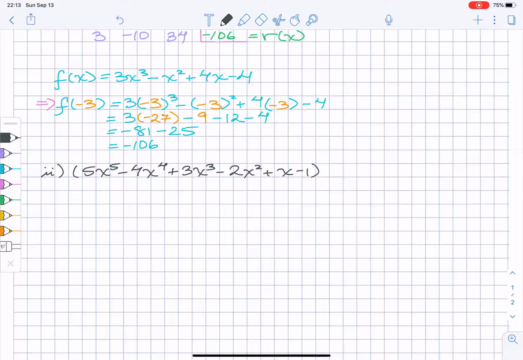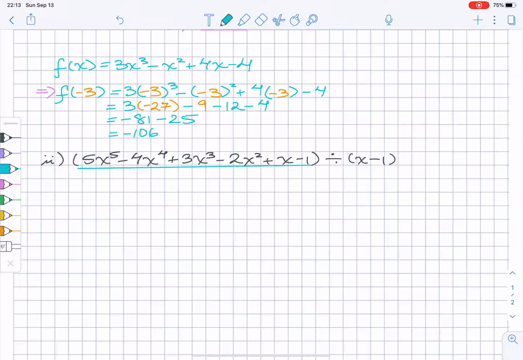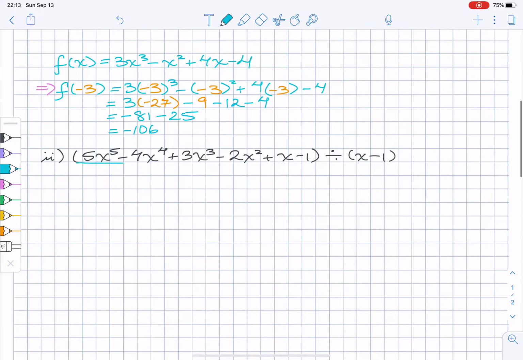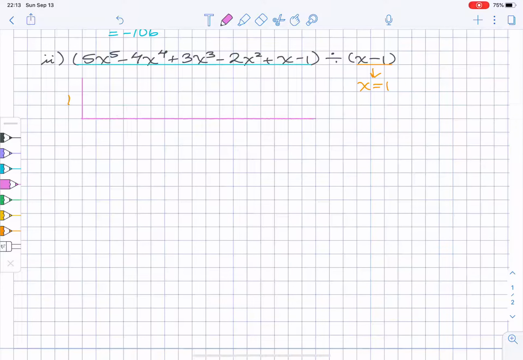So here's our polynomial, and our divisor is x minus 1, which means our root is x equals 1. So on the outside of my upside down division symbol, I have a 1. And then in descending order on x, the coefficients are 5, negative 4, positive 3, negative 2, positive 1, and negative 1, respectively.